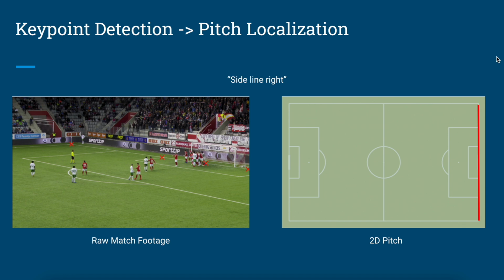Using a model, we can try to detect these key points on the current camera view and find a specific vector transformation, which is called a homography, to be able to map these coordinates onto the 2D pitch that we see on the right.